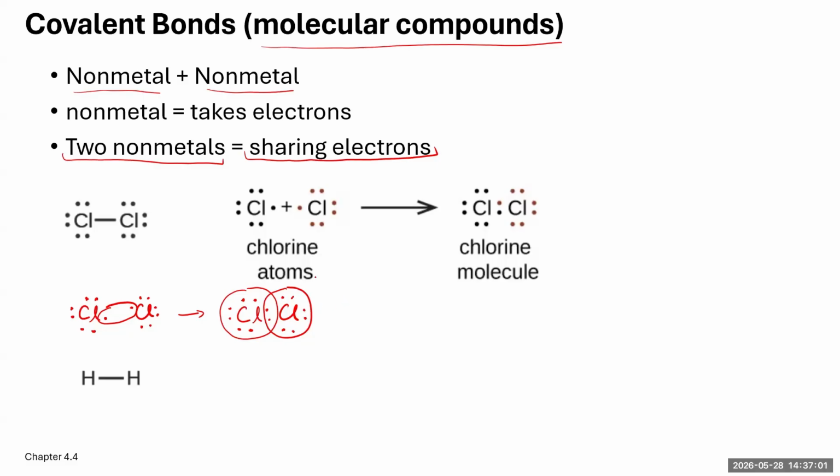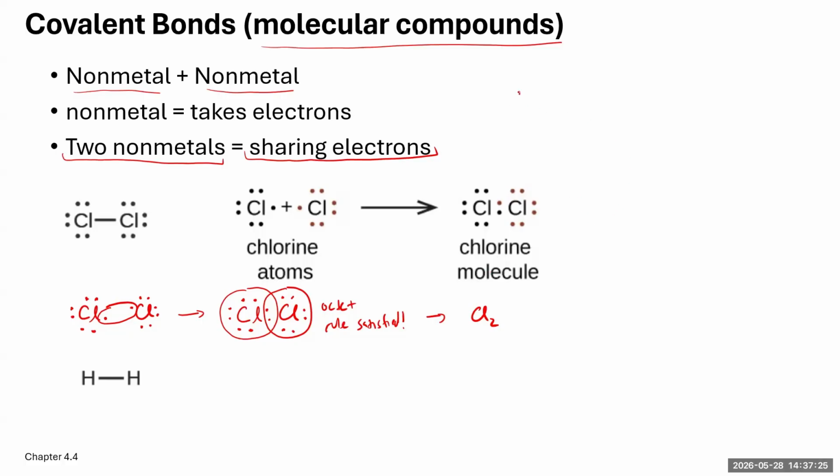So that way they both have 8 electrons. Octet rule satisfied. That's why on Earth, you normally find chlorine as Cl2. It's a Cl2 gas. It floats around. That's how you normally find it on Earth.